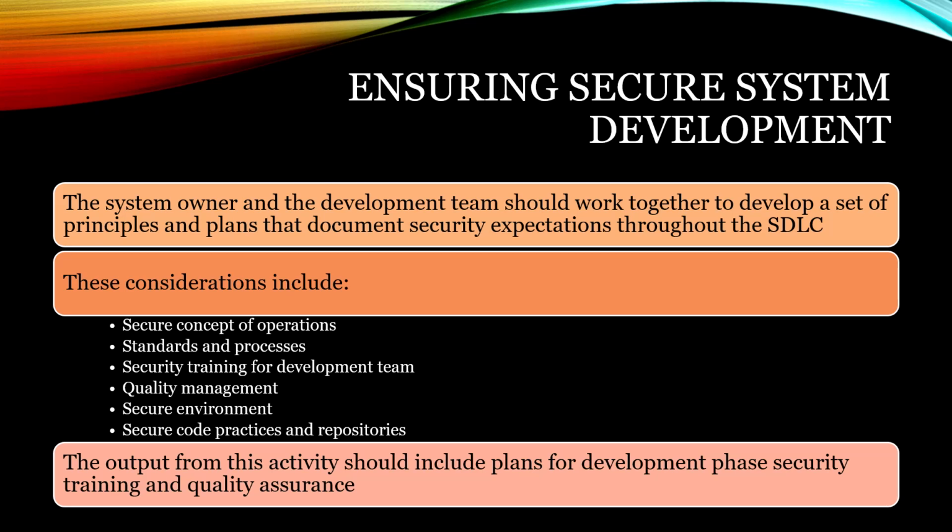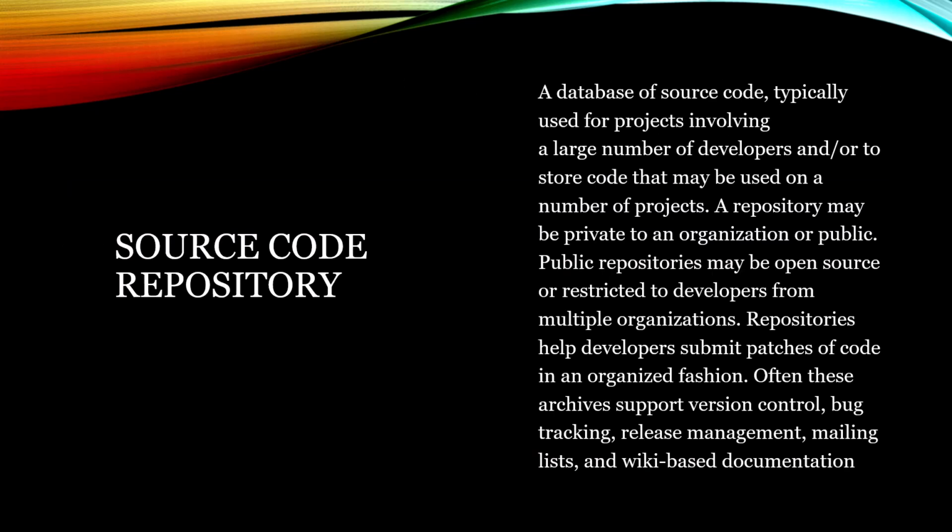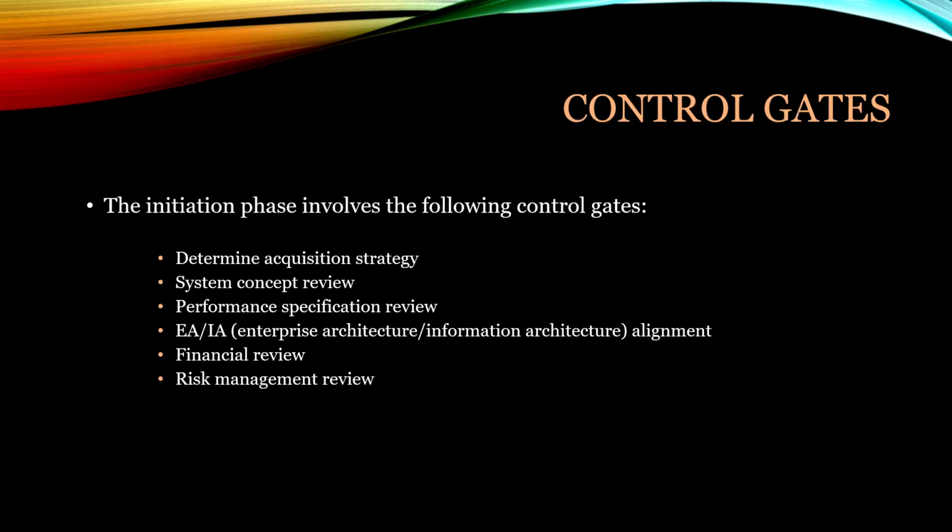A control gate, which we've talked about a little while ago, dealing with the initiating phase, involves determining acquisition strategies, concept for review, architecture review and alignment, financial review, risk management, vulnerability assessment, vulnerability management, and so forth. Here's the overall security and development and acquisition phase.